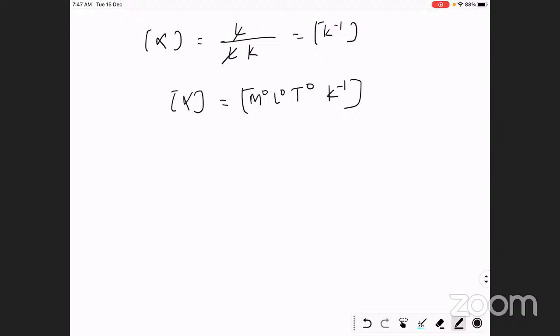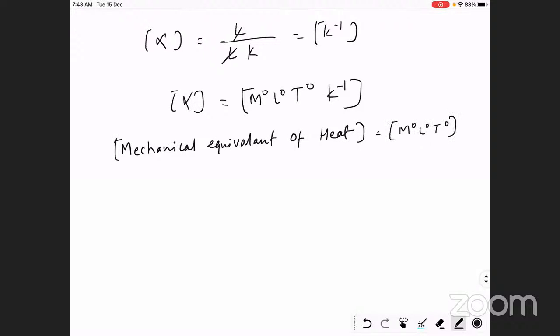Okay. Now mechanical equivalent of heat is just a number. It's just a conversion number. Mechanical equivalent of heat is dimensionless because it just converts joule into calorie. It is just a conversion factor. Could you understand that? So it is also dimensionless.